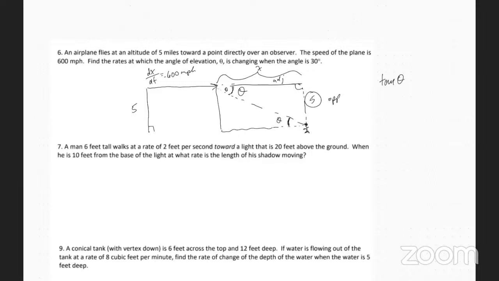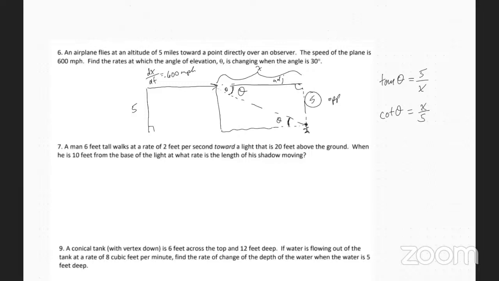If I take the derivative of both sides... I guess you could also call it the cotangent. Do you know the derivative of cotangent? I think it's minus cosecant squared x.